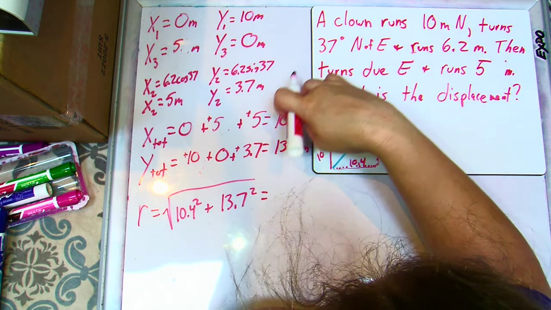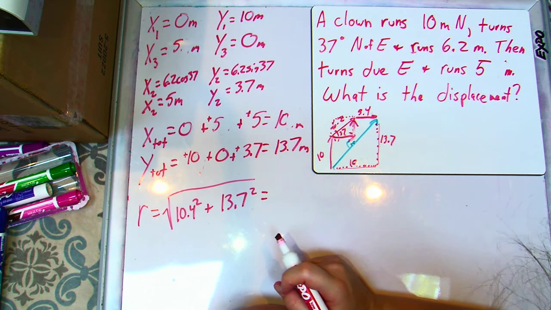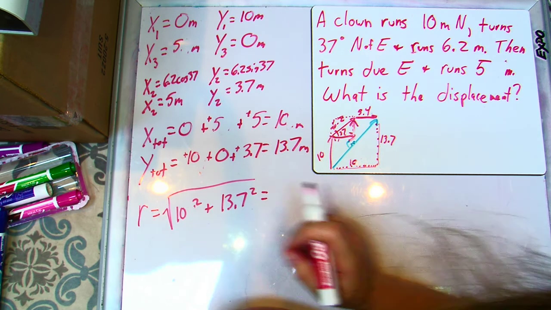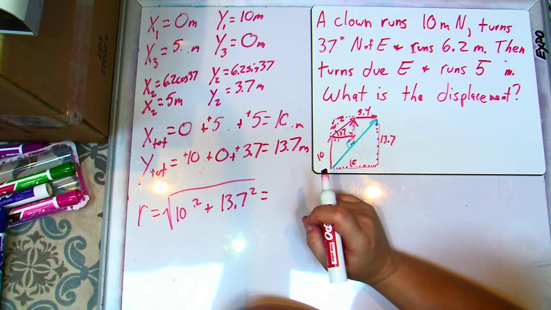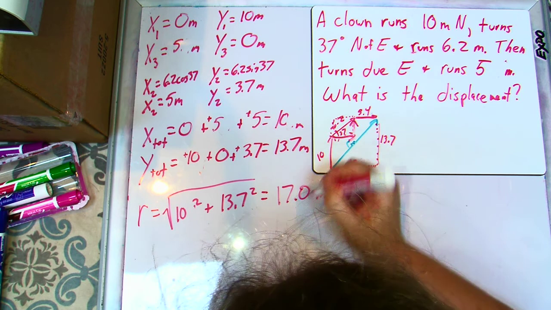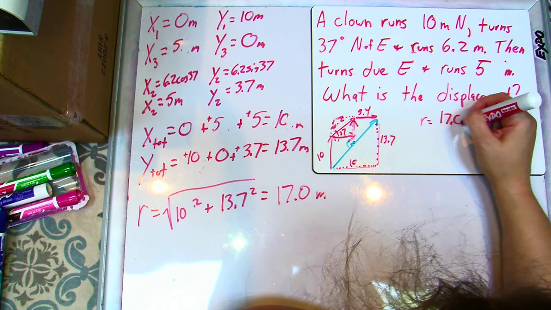That's just 10. Sorry, I was misreading my problem. I apologize. So, 10 squared plus 13.7 squared would give us about 17.0 meters. So the displacement is 17.0 meters.